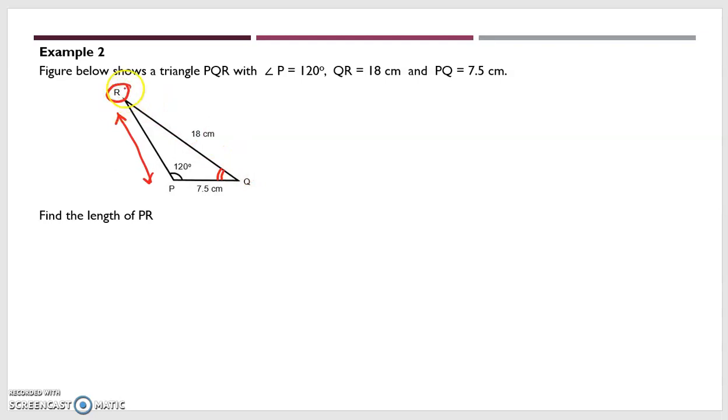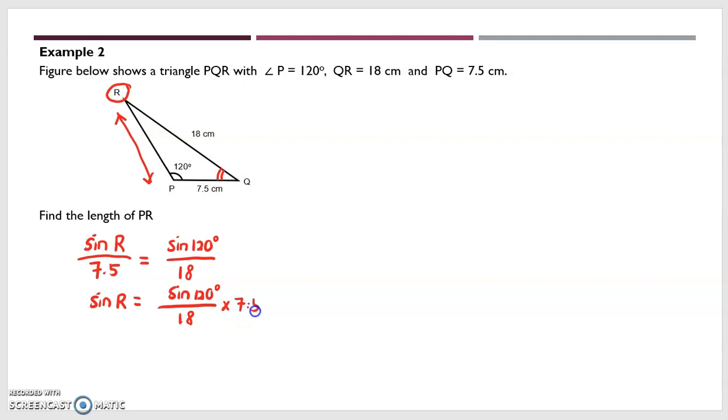So first I find the angle of R. By using the sine rule, sine R over 7.5 is equal to sine 120 over 18 cm. So sine R will be equal to sine 120 divided by 18 multiplied by 7.5.